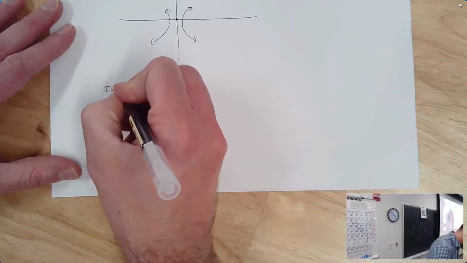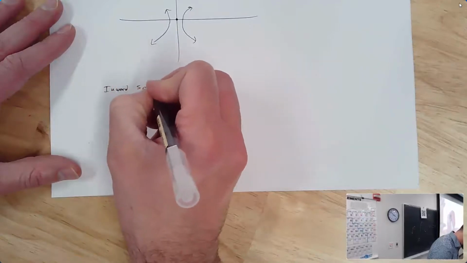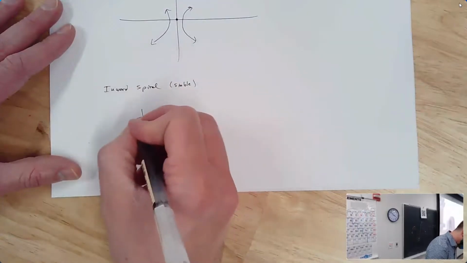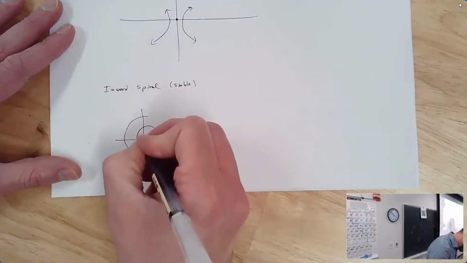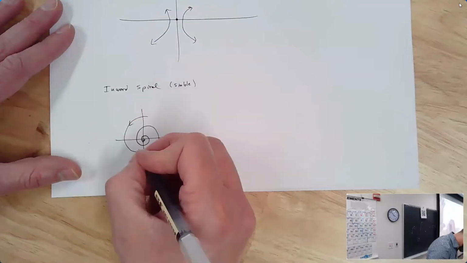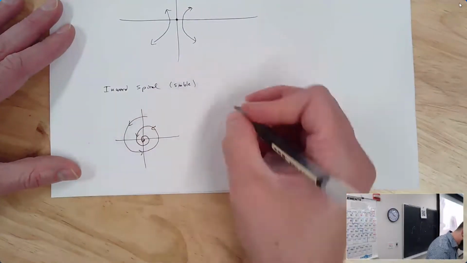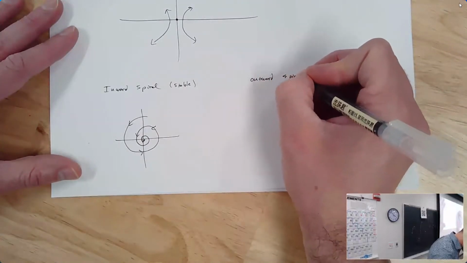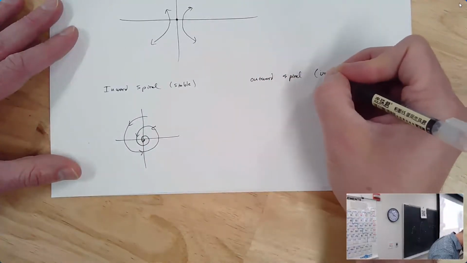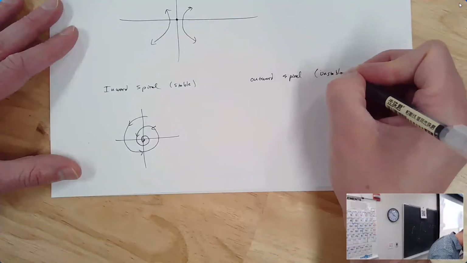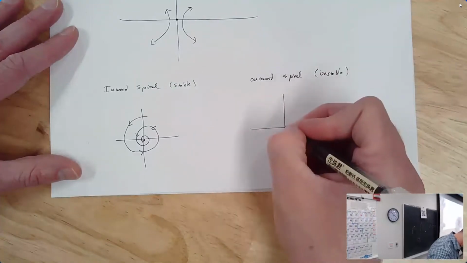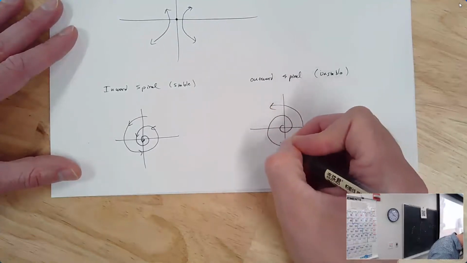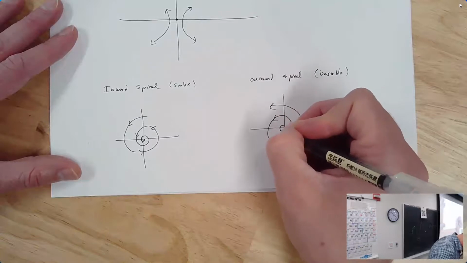Right, an inward spiral or a stable spiral looks like you're going inward. An outward or an unstable spiral is kind of the opposite thing, right? You're going outward, away from the origin.